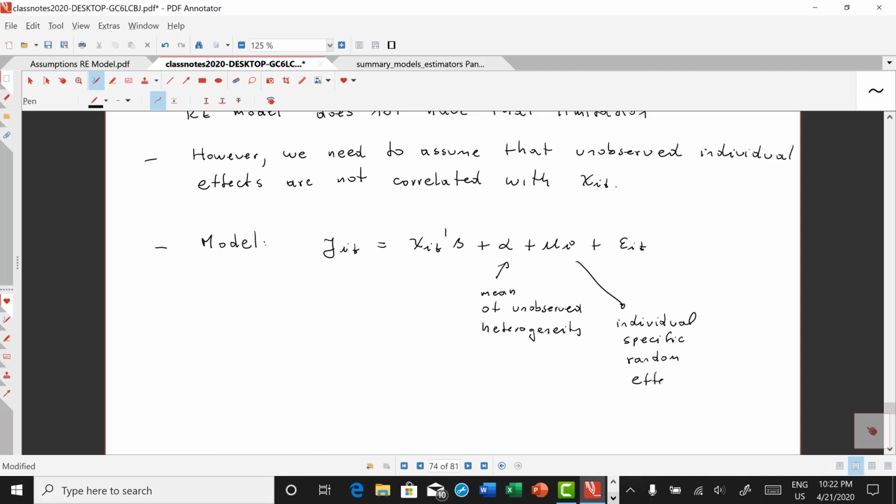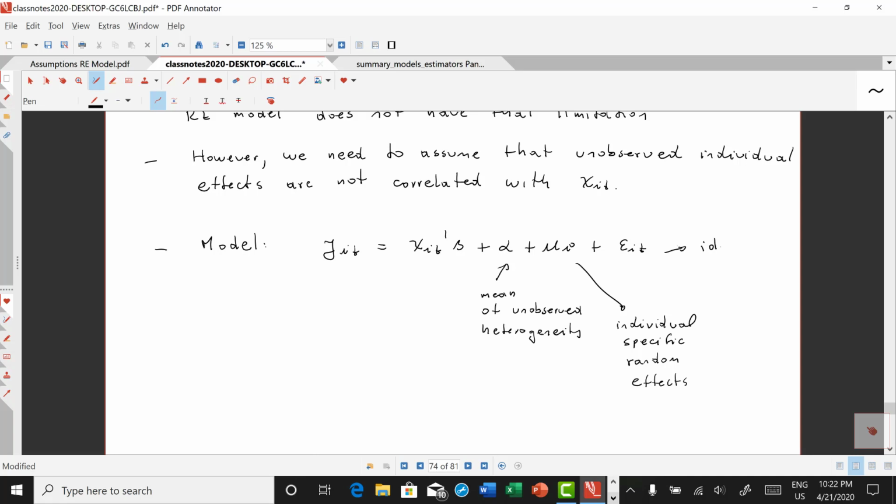We have that random effect for each individual. And these are the regular errors, I call them regular errors. In the literature, they use a more sophisticated name. They call them idiosyncratic. These are the idiosyncratic errors. The way I think about it, it's like the regular error term that we have for each individual in each time period.